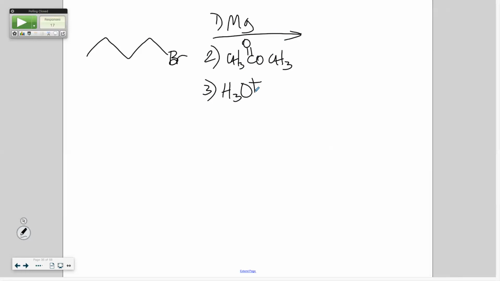If you throw it all in there at once, you get a mess of reactions. Then you have to clean it up. Okay, so what do you get after the first step? Mg goes between the bromine and the carbon that it's attached to. So it will look like this. Don't worry about the mechanism to that step. It's inorganic.